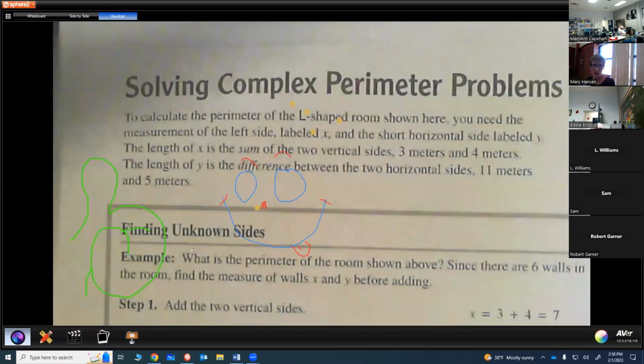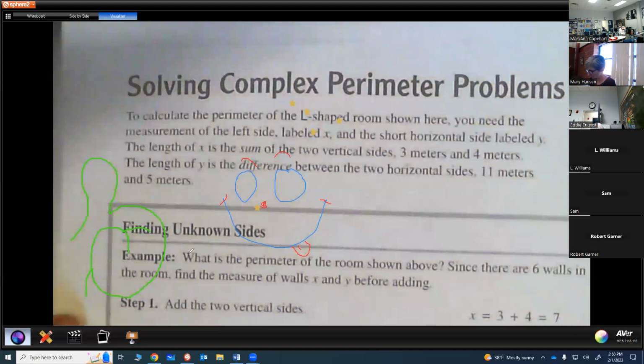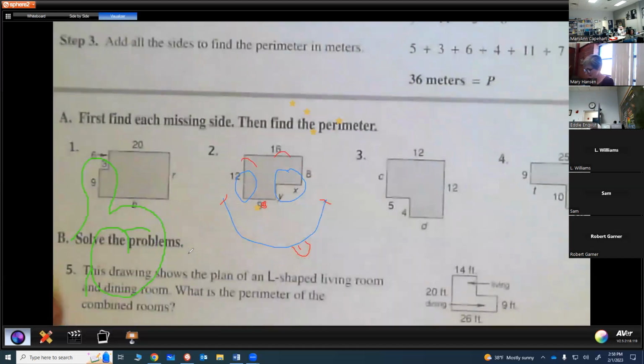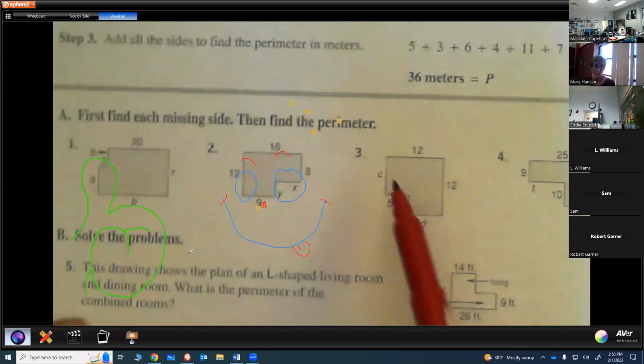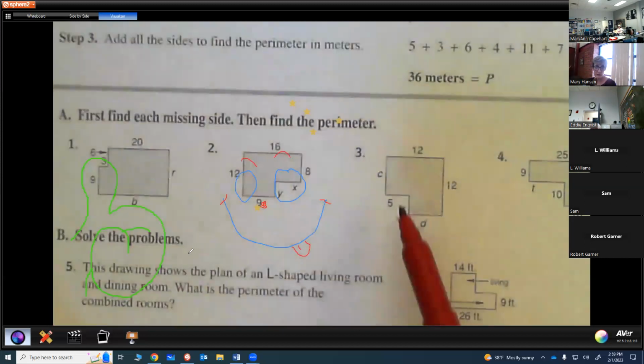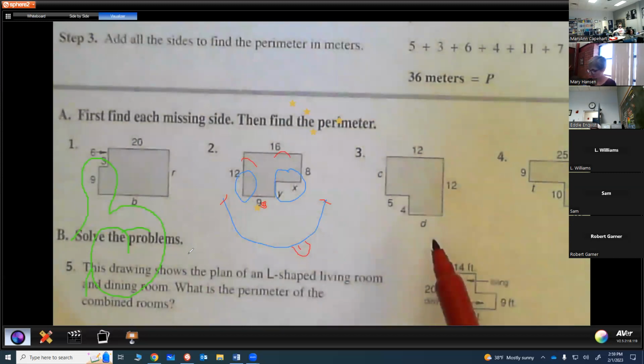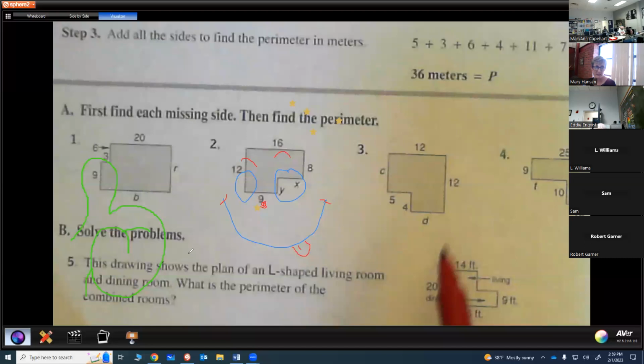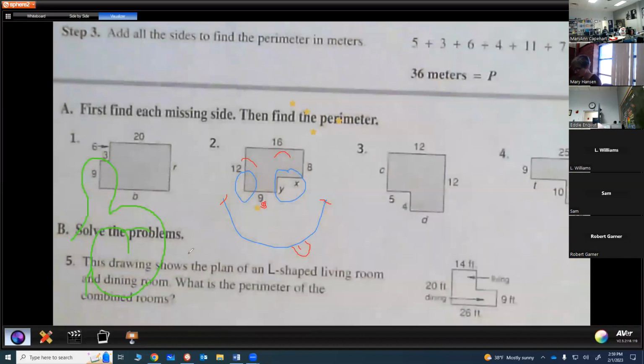They're really not that complex once you see how to do them. We're going to be looking at shapes that might look like the floor plan of a house, the footprint, the foundation of a house. How do we figure out perimeter there when we are missing some pieces? These are more like little logic puzzles.